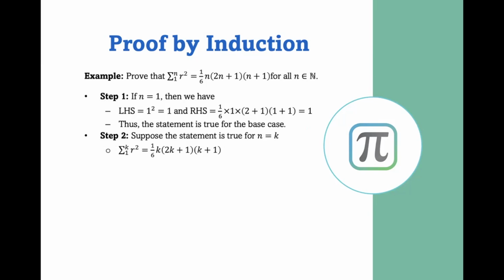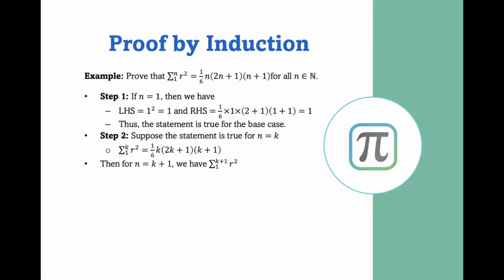The second step, as before: suppose the statement is true for n equal to k. Here we have the sum from 1 to k of r squared equals the equation as before, but with k substituted in. Then we create an expression for n equal to k plus 1.